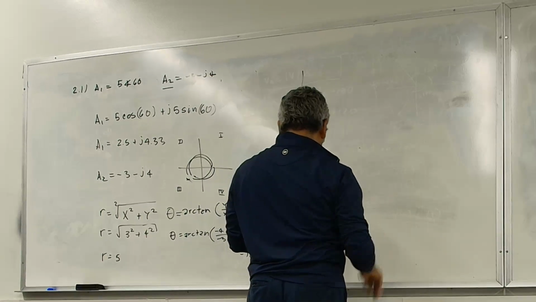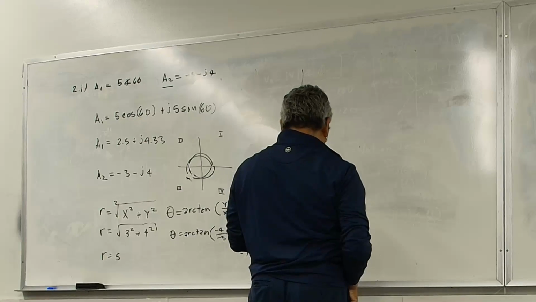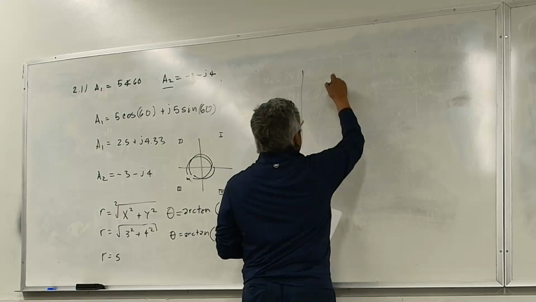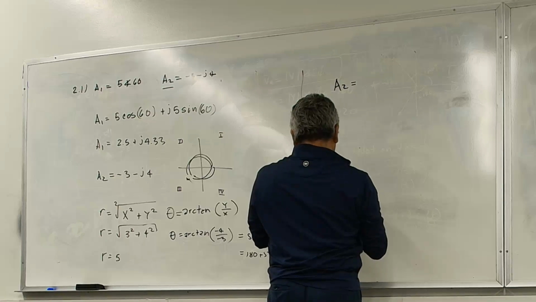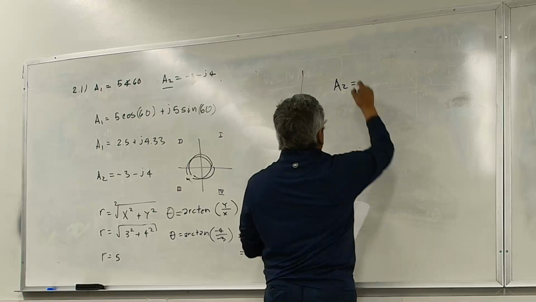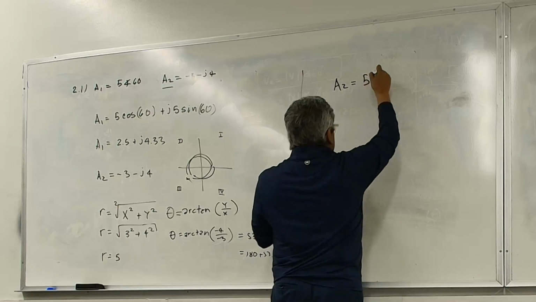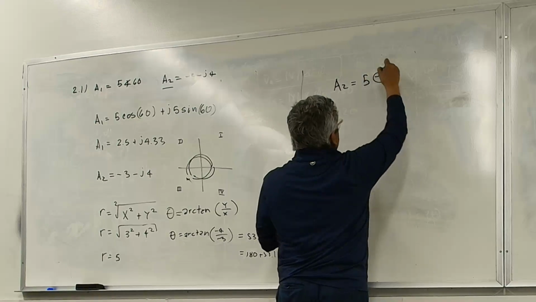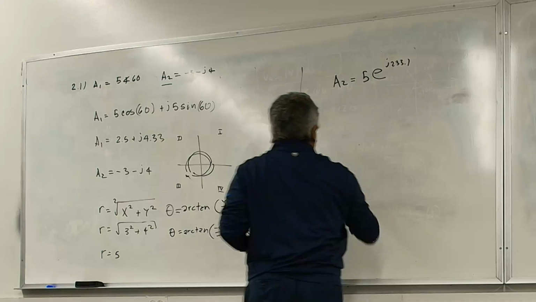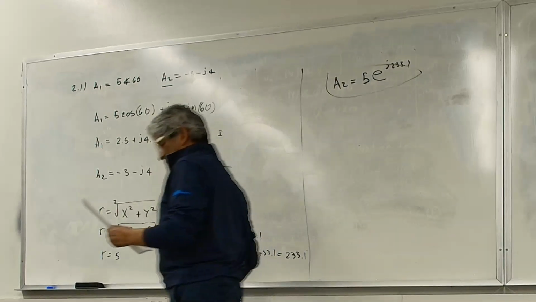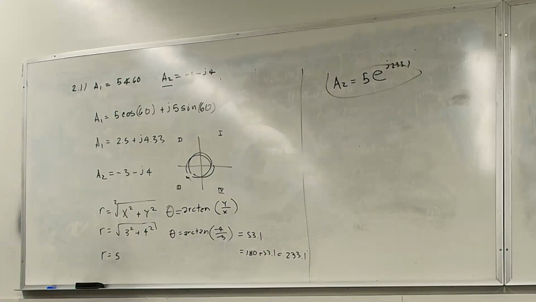And if you're asked to do it in exponential form, we did this when we were doing Euler's equation, it's the magnitude of r times e to the j times the angle, 233.1. Again, I won't ask any of that.